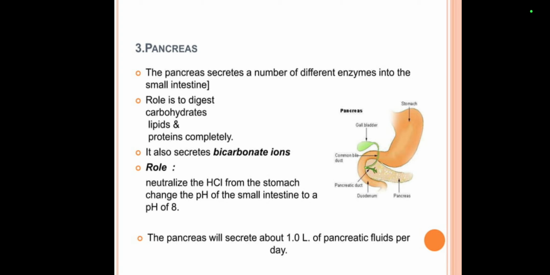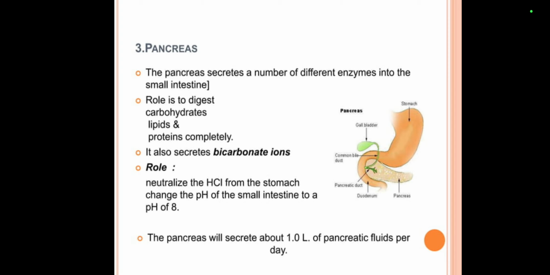The pancreas secretes about 1.0 liters of pancreatic fluid per day. So that is the pancreas.